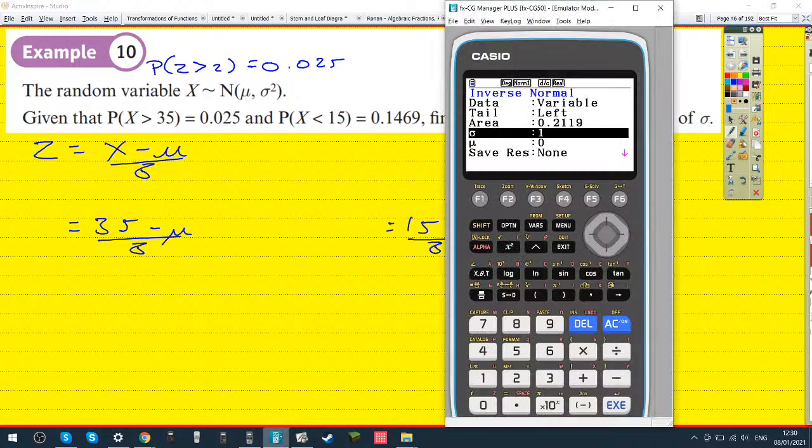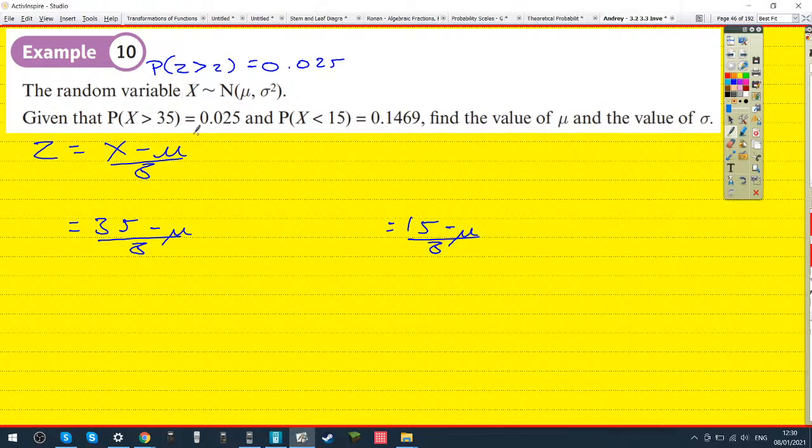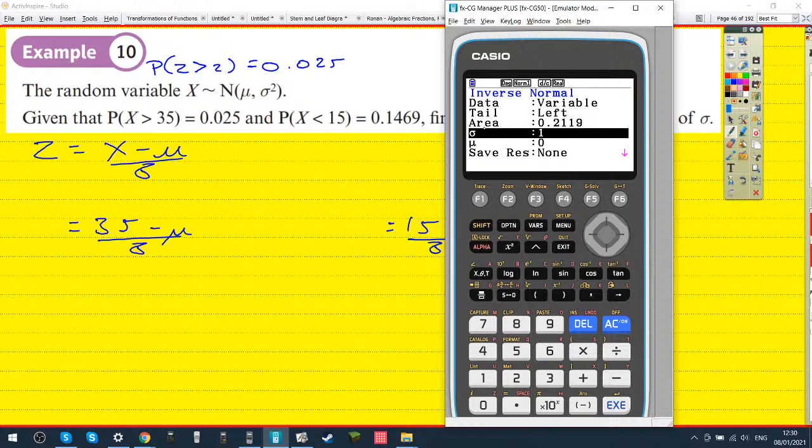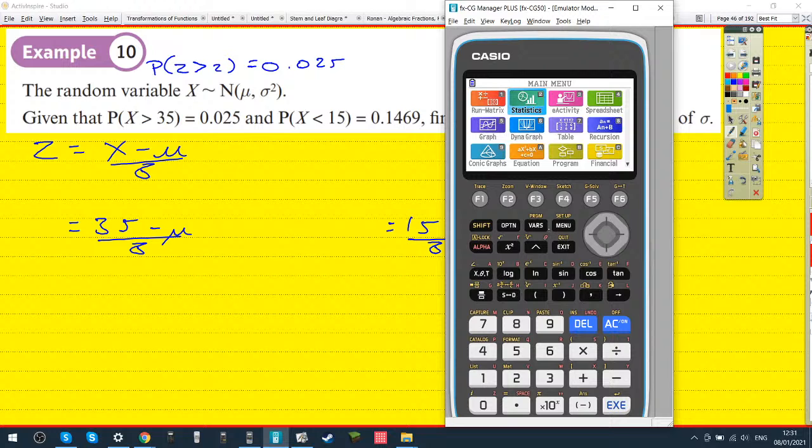This is like this specific normal. So this might be the height of tomato plants or something. But the standard normal is just a simplified model of reality, where the average is 0, the standard deviation is 1.